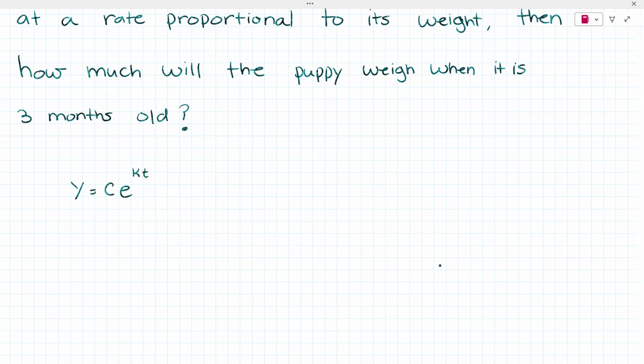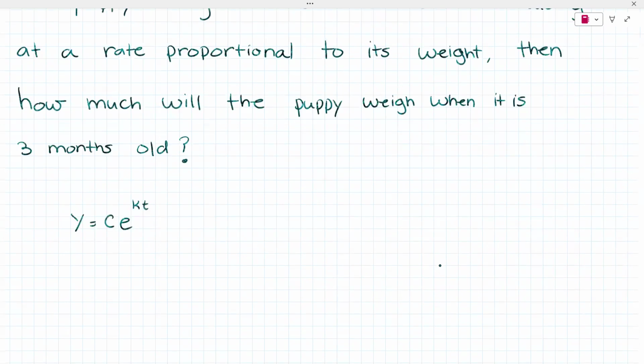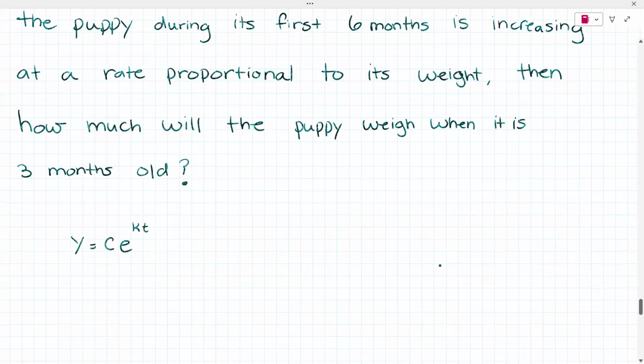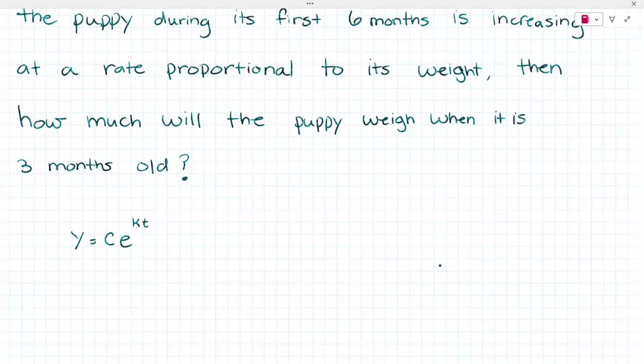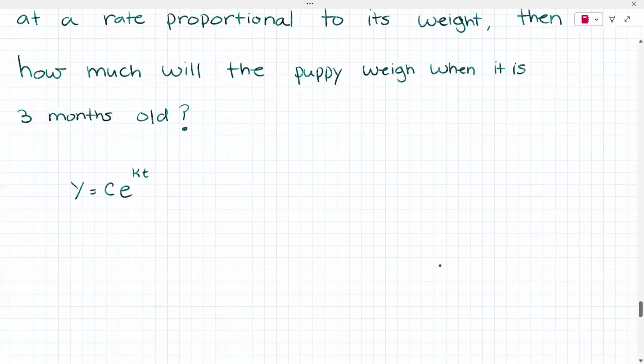So our initial conditions. First, find c. They're saying that when it's first born, it automatically weighs 2 pounds. So at t equals 0, your weight is 2 pounds.